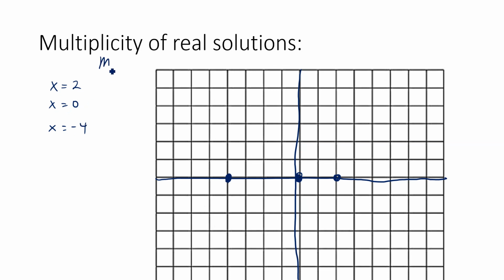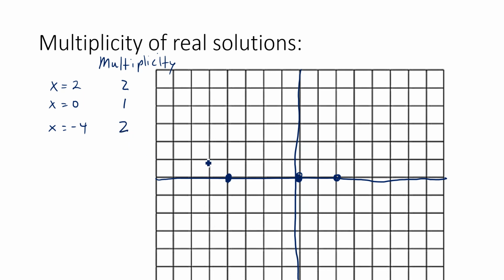Now let's say each one of these had a different multiplicity. We'll say that x equals 2 has a multiplicity of 2. It repeats twice. x equals 0 has a multiplicity of 1. And x equals -4 has a multiplicity of 2 as well.